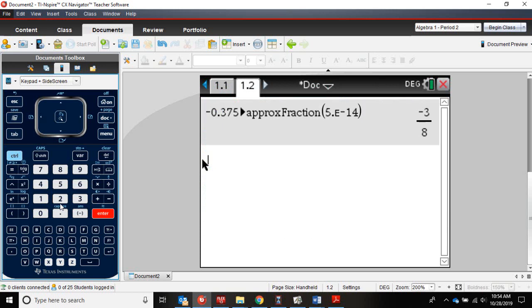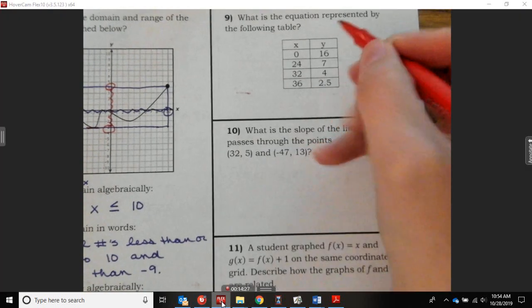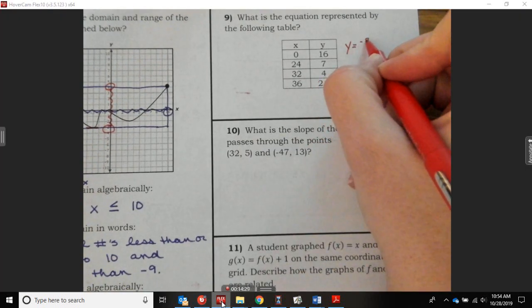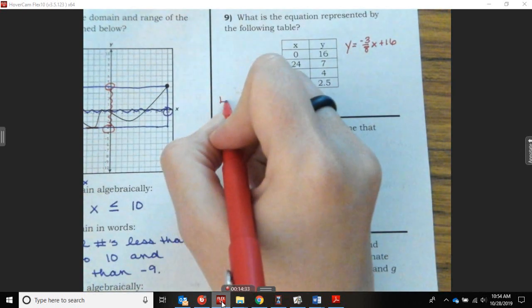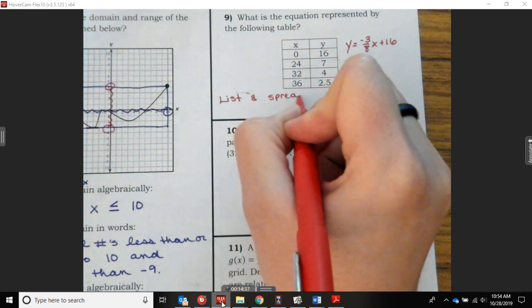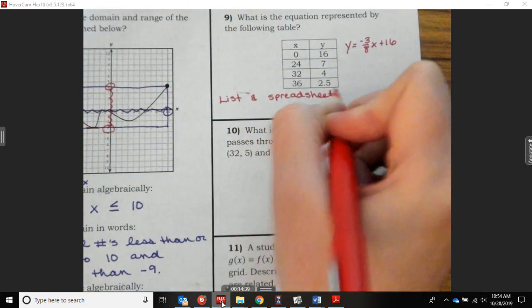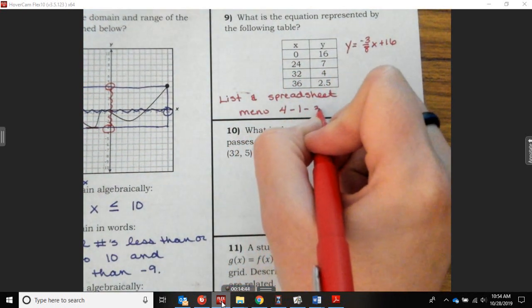So my equation is y equals -3/8 x plus 16. Okay, so this is where you do list and spreadsheet. And remember, when you type them all in, it's menu 4, 1, 3.